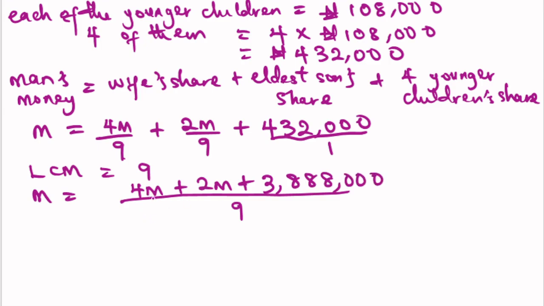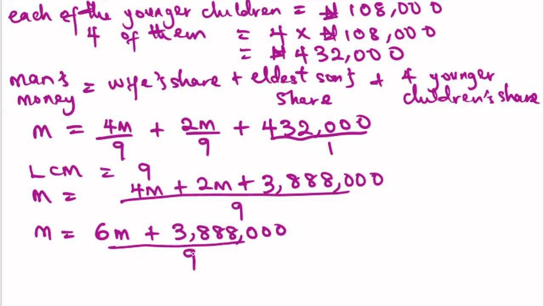Now, these are like terms, 4m plus 2m, so m equals 6m plus 3,888,000 all over 9. So the next thing we're going to do is cross multiply so that we eliminate this fraction and put it in a linear expression.